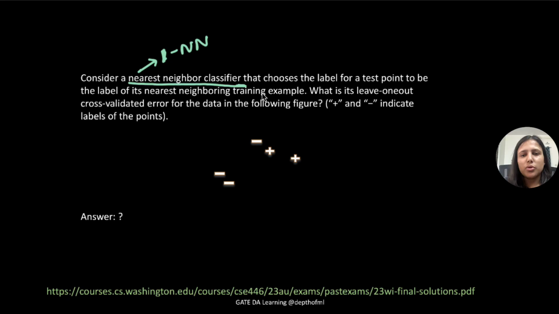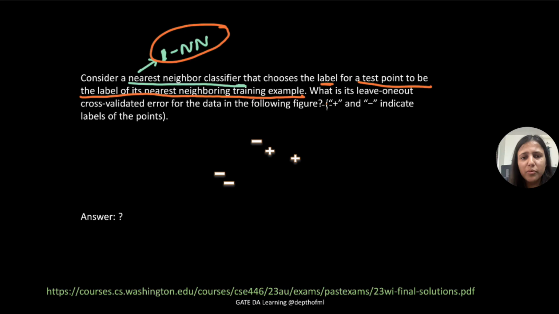So the nearest neighboring example in the training set will be used to label the test point.